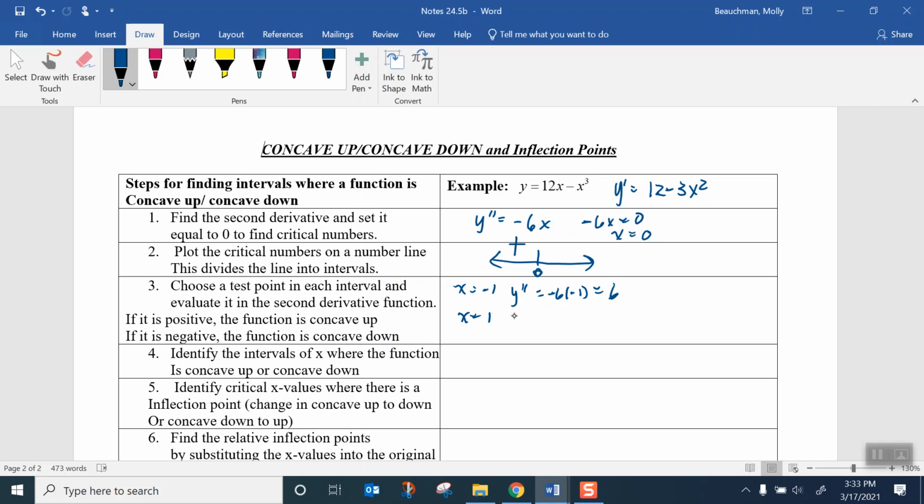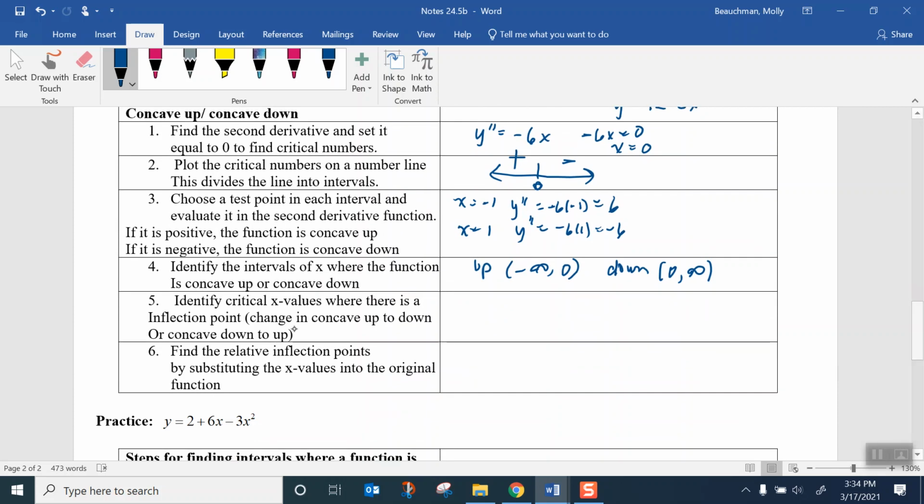Then to the right of 0, I substitute 1, negative 6 times 1, and I get a negative 6. That's negative, so my graph is concave down. So the interval where my graph is concave up is from negative infinity to 0, and the interval where my graph is concave down is 0 to infinity.